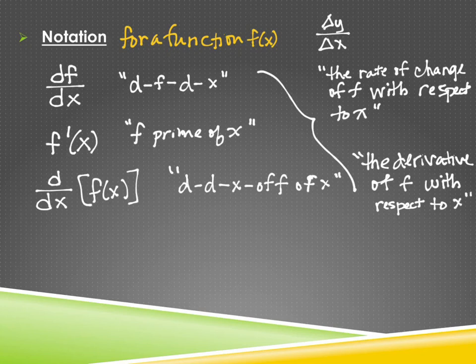And let me leave you with one final thought. Some of you are sitting here maybe thinking, why do we keep saying with respect to x? And there's a really good reason for it. It just doesn't feel like it right now. The reason we say with respect to x is because you are going to be working on calculus with only one variable in it, x. But there are other calculuses, multivariable calculuses, where you have more than one variable.